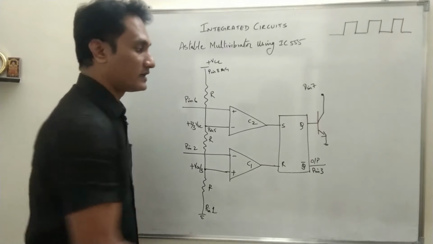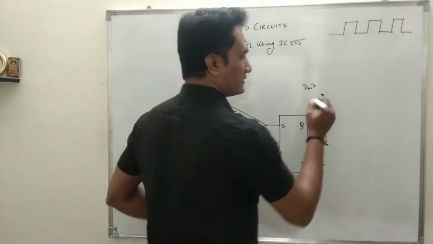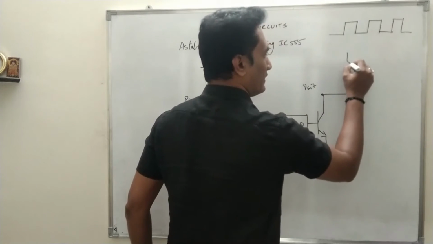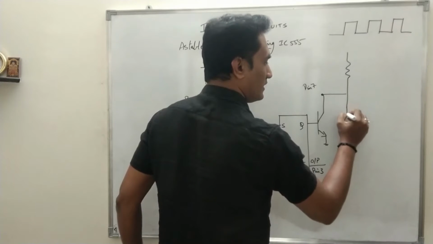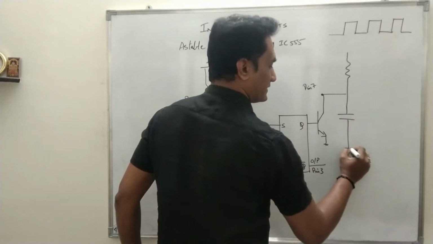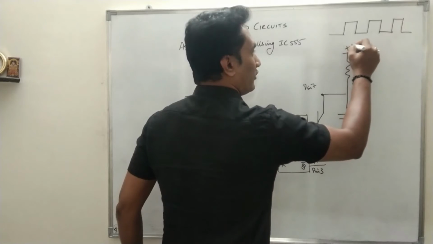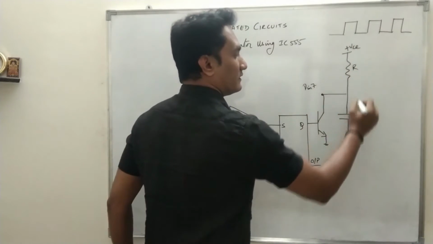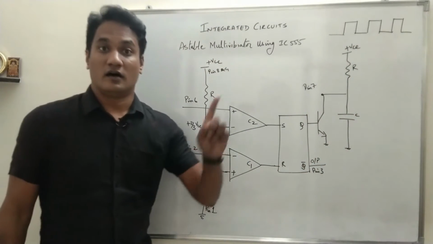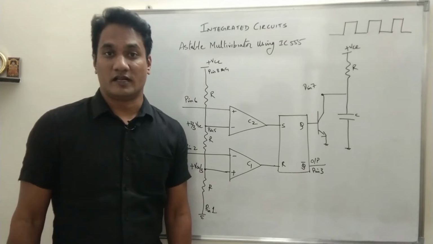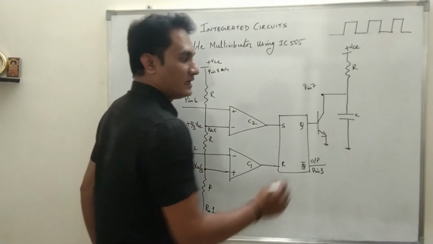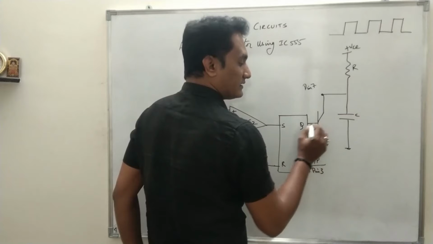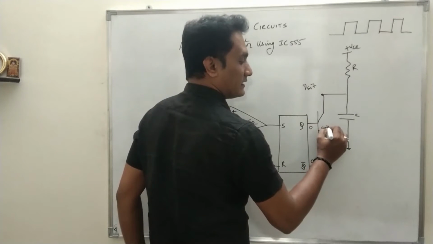Okay, I'll draw that, one resistance and one capacitor. This is for monostable multivibrator.